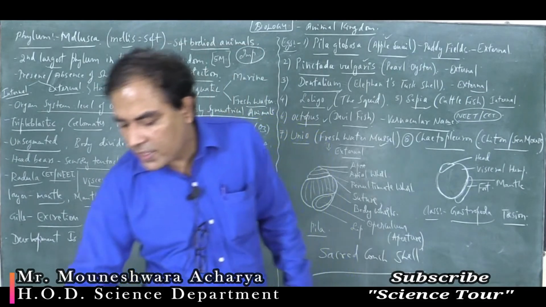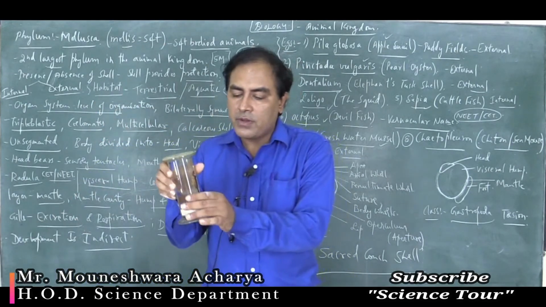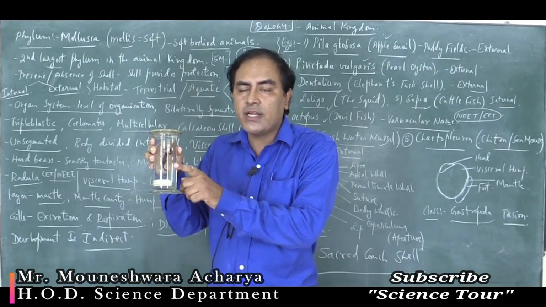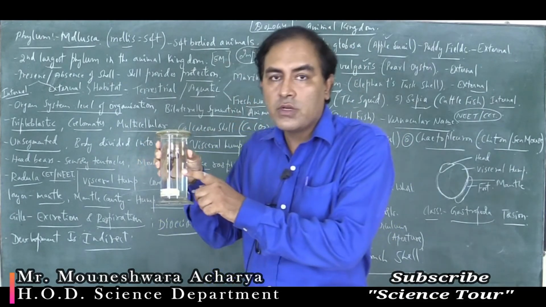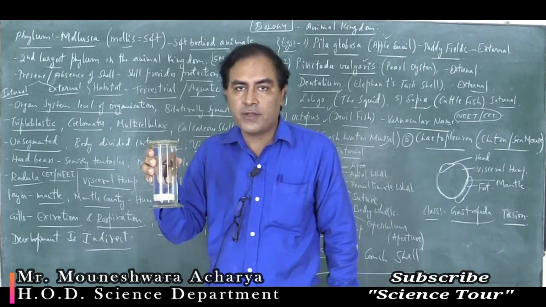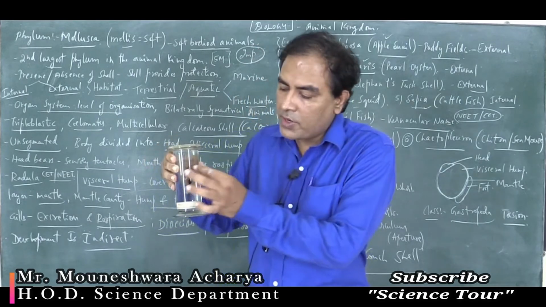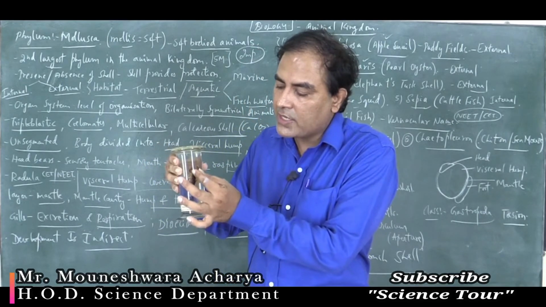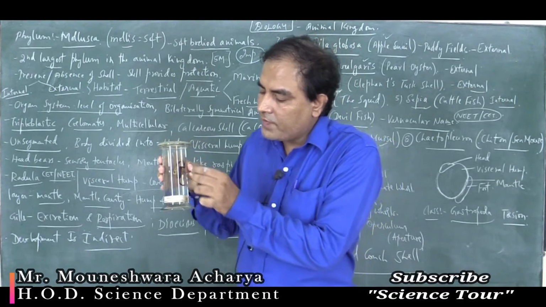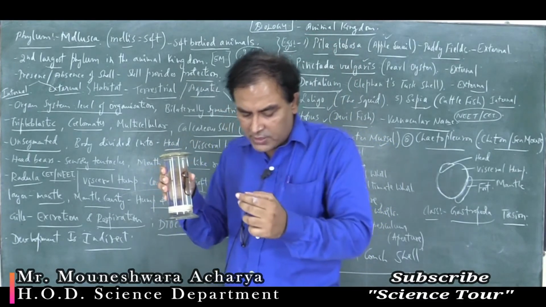Then you are all familiar with this scorpion, belongs to class Arachnida. Spiders and scorpions belong to class Arachnida, one of the important classes of arthropoda. So it has a pair of poisonous stings at the anterior region of its head, from which it ejects the poison.